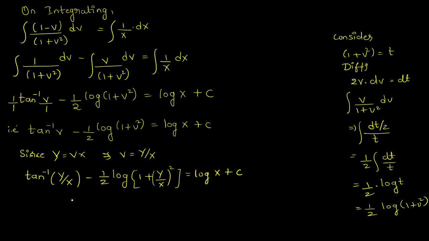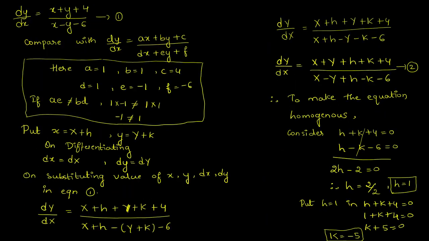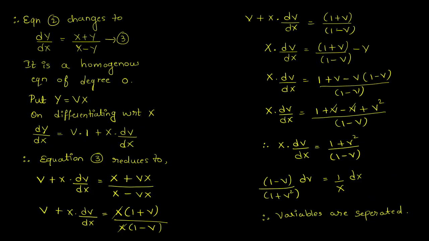So it's not in the simplified form still, because we had considered that x is equal to capital X plus h. Since we took small x is equal to capital X plus h and small y is equal to capital Y plus k, therefore substituting those values back, and also we know that we have got the value of h and k here. We got the value of h as 1, k value as minus 5. We substitute those values in this.